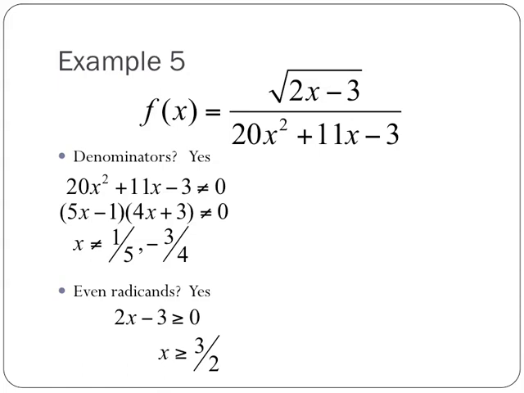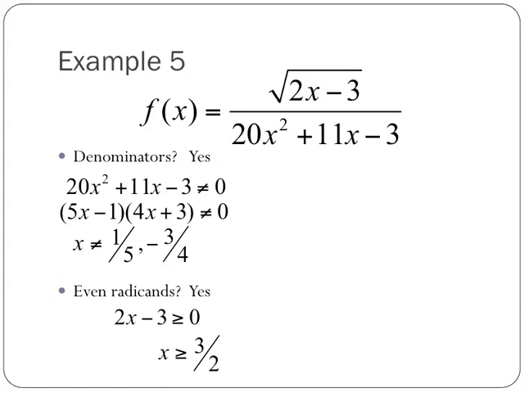And now for our domain, we can write all of this out. All real numbers except for 1/5 and negative 3/4, and it also has to be greater than or equal to 3/2. Combining that together, if x is greater than or equal to 3/2, which is 1.5, then think about 1/5. 1/5 is smaller than 1.5, and negative 3/4 is also smaller than 3/2.